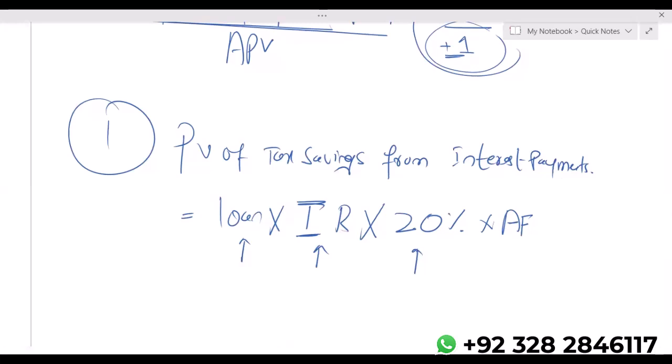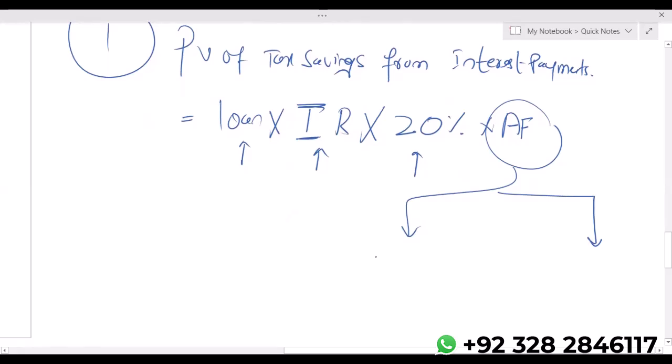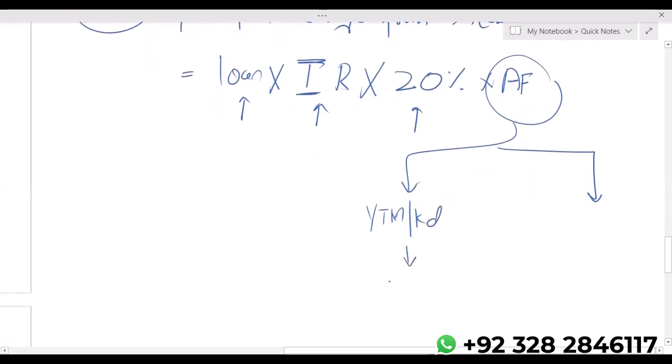Now, for this annuity factor, this is a very important point I want to discuss here. For this annuity factor, you can use the normal YTM, normal KD, meaning the normal borrowing rate.